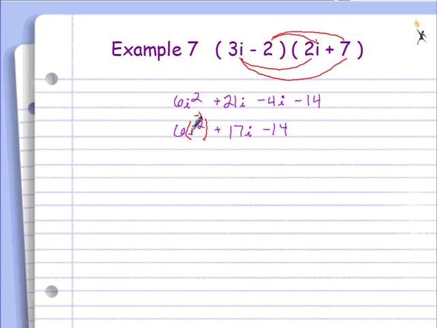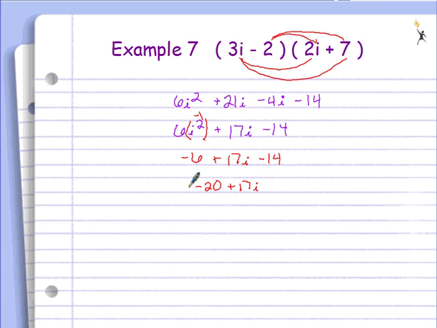So really, does everybody understand that this is 6 times negative 1, which is a negative 6 plus 17i, and then I have a minus 14. And again, notice I now have 2 more like terms. These are both real numbers, the negative 6 and the negative 14, so I can combine them to give me a negative 20 plus 17i.